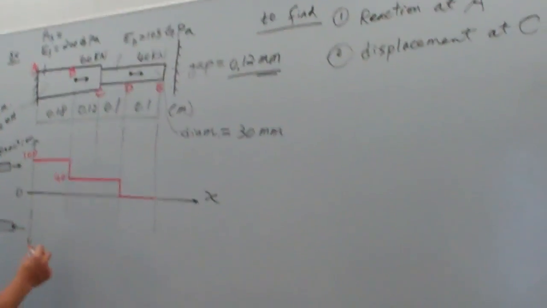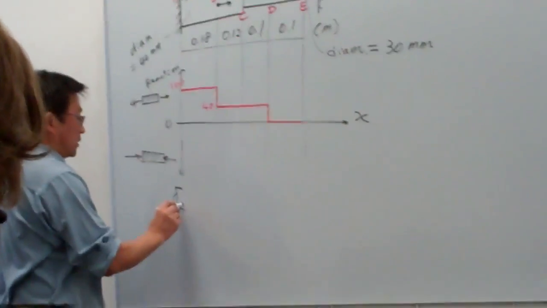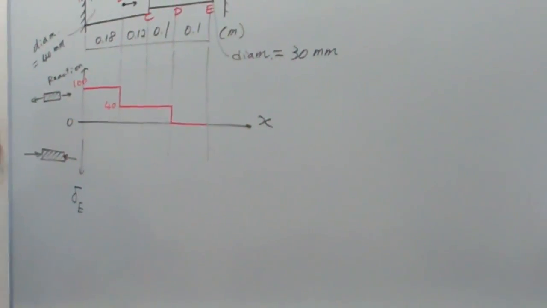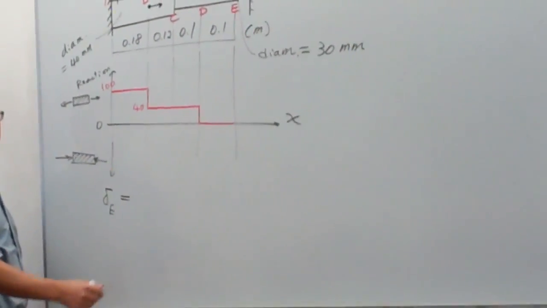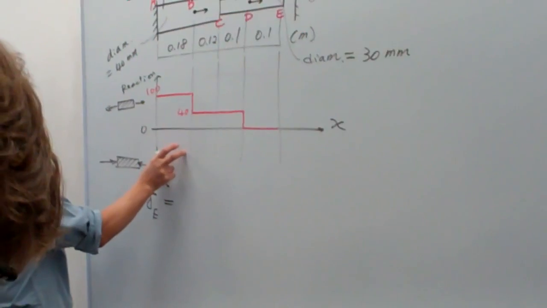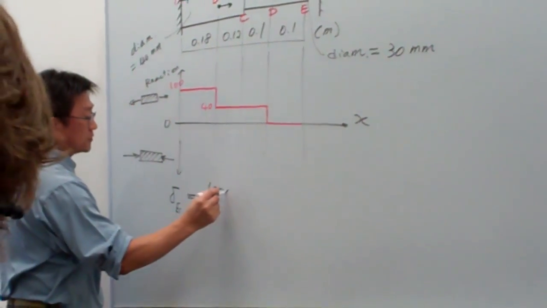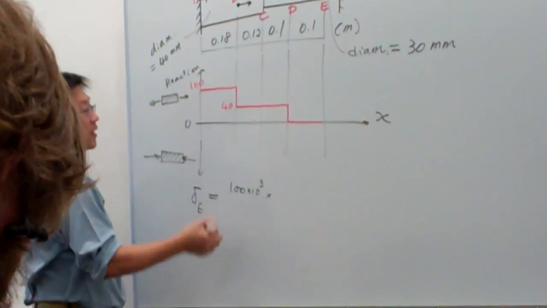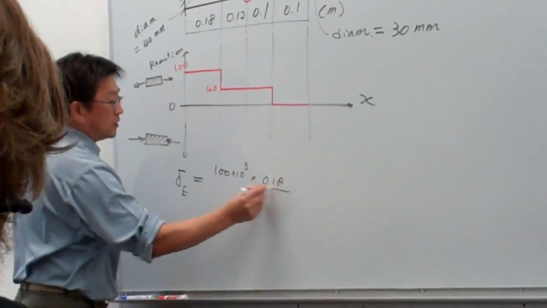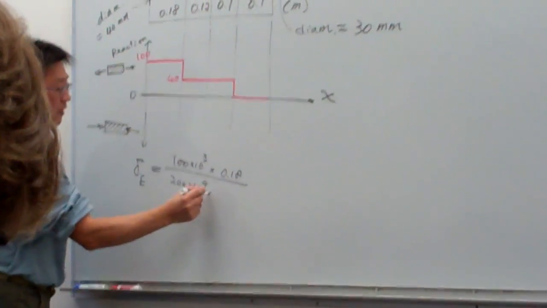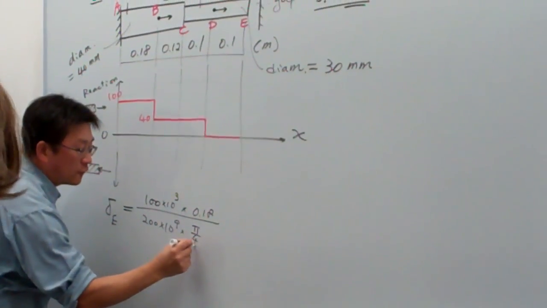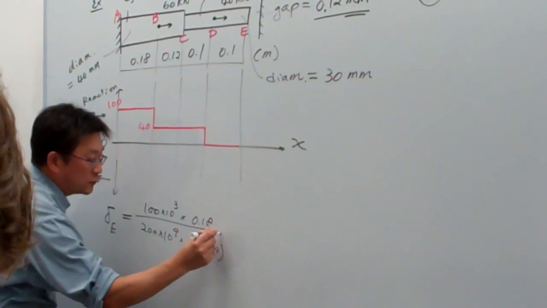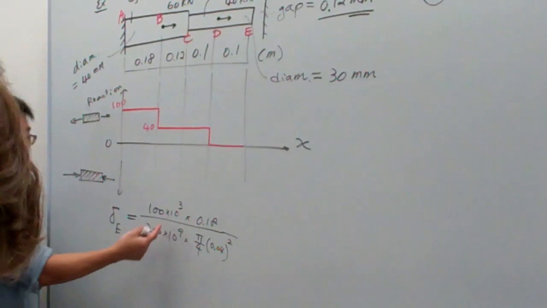For this case, we simply calculate delta at E, assuming there is no constraint at this end. That will come from the contribution of the four segments using our template. For the first segment, the force is 100 kilonewtons, L is 0.18, E, the Young's modulus, is 200 times 10 to the 9th, and A, with a diameter of 40 millimeters, is pi over 4 times 0.04 meter squared.